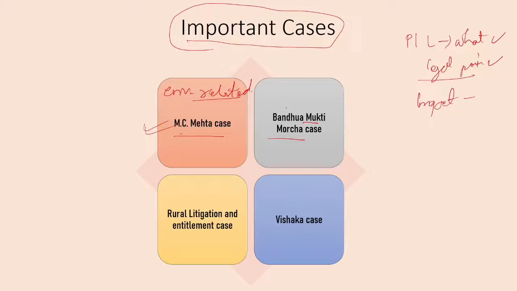Bandhua Mukti Morcha case was against bonded labor. In this, the Supreme Court said that the onus is on the company to prove that the case of forced labor is not bonded labor. Thus, the benefit was given to the laborers over the company in this case.